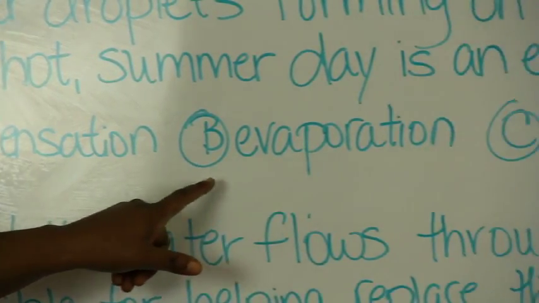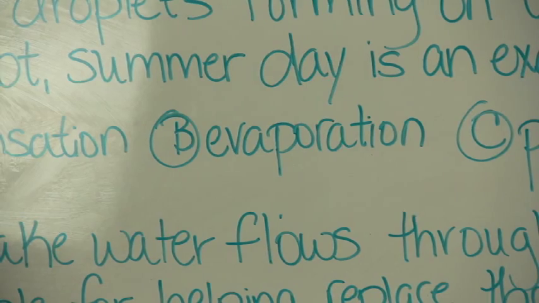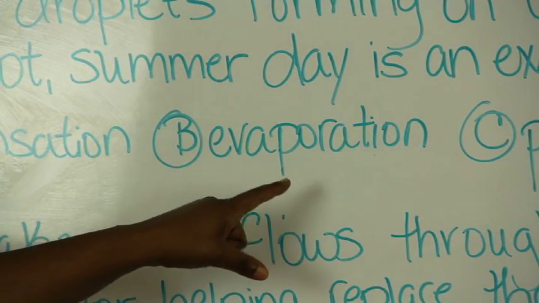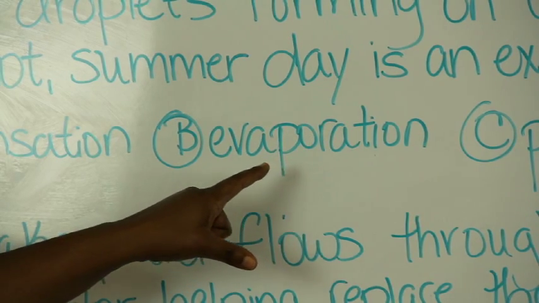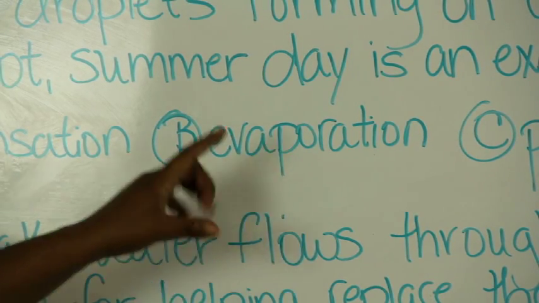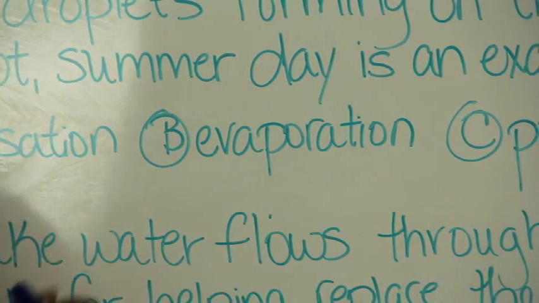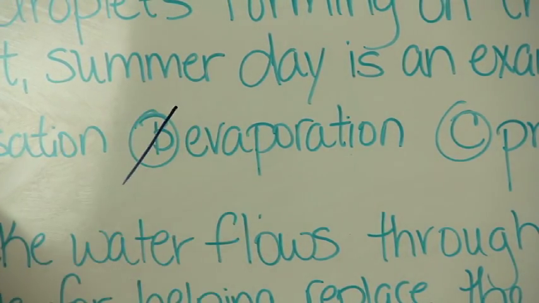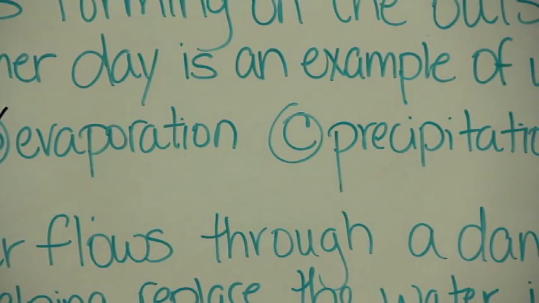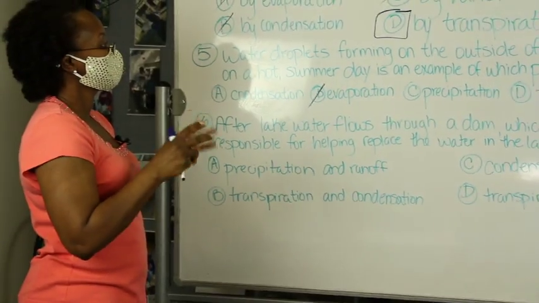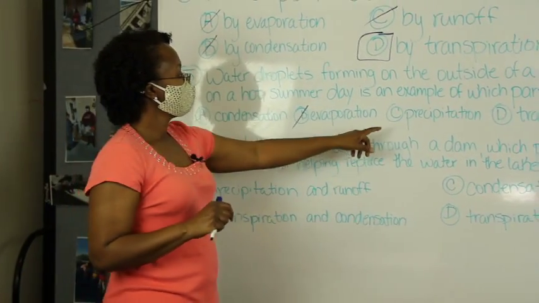Could it be B, evaporation? Evaporation is when the liquid turns into a vapor, and we don't have a vapor on the glass. The end product is not a gas. So let's go ahead and get rid of that one. We're wanting to know how the water is on the outside of the glass, okay?